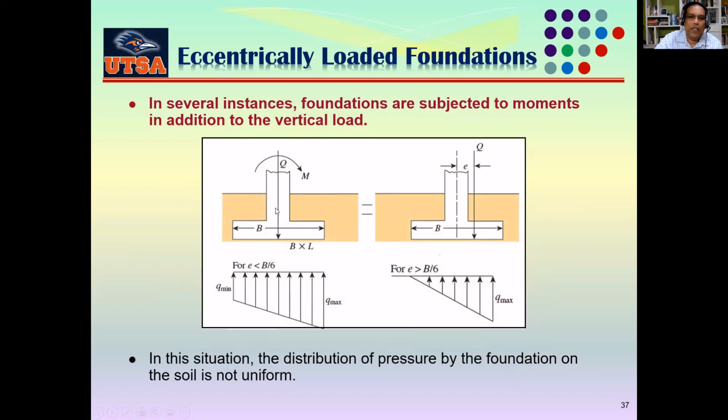Because of the load Q, the stress coming in the foundation would be Q divided by the area of contact, right? And then you can see there is a moment here that will try to rotate this direction a little down and this direction up. So the effect of the moment will cause the bending stress, right?